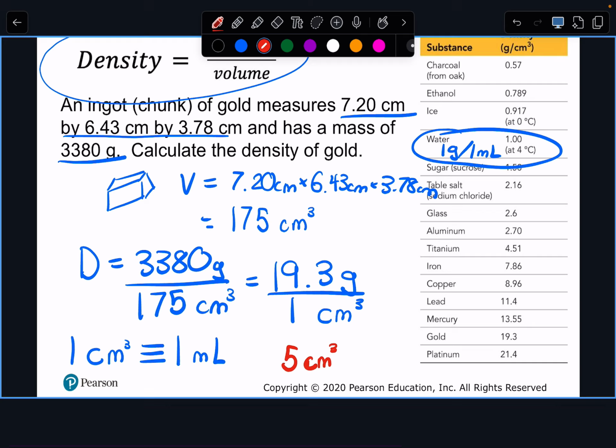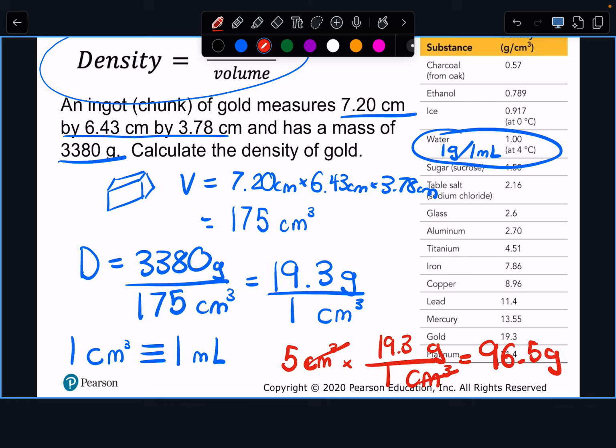What I did in my head is I took the 5 milliliters and I used the 19.3 as a conversion factor. So I said 19.3 grams per centimeter cubed, and then I multiplied those. Now it's around 100. It's not exactly. It's 96.5.